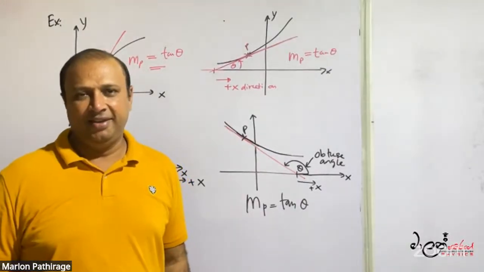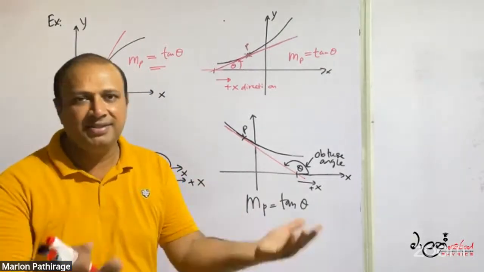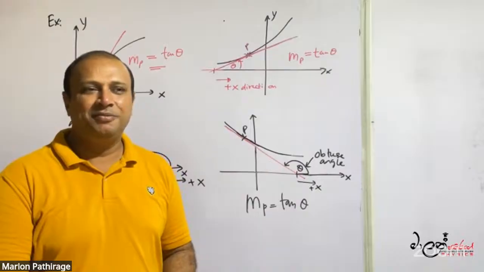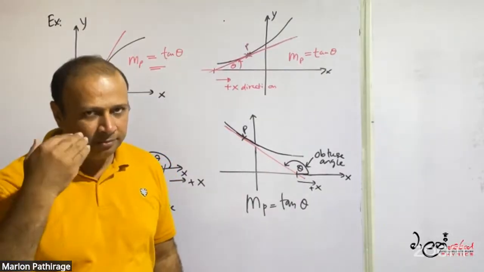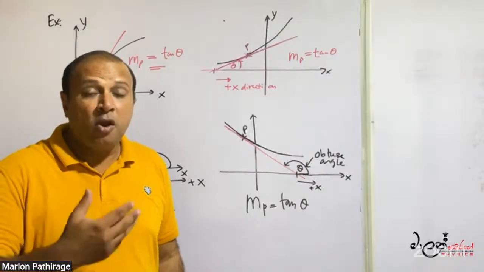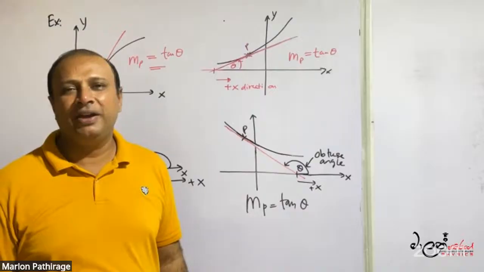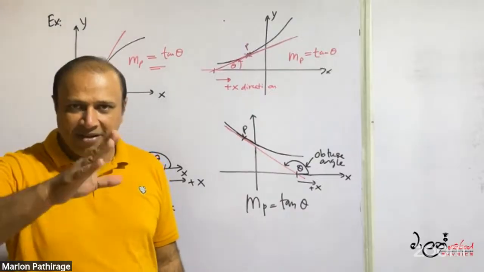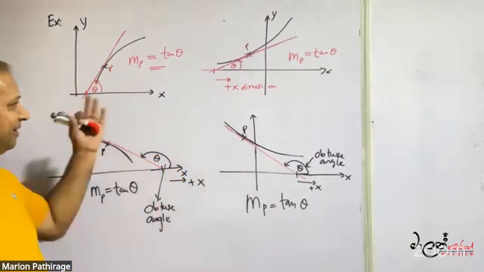If you can understand what the variation is, then you can easily plot the graph. Or if you want to analyze a plotted graph, then you have to have a very good understanding of the variation in gradient.